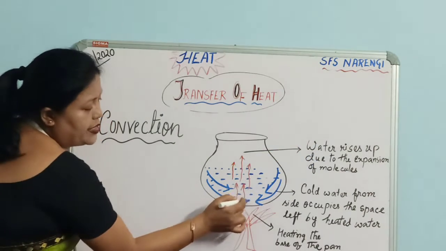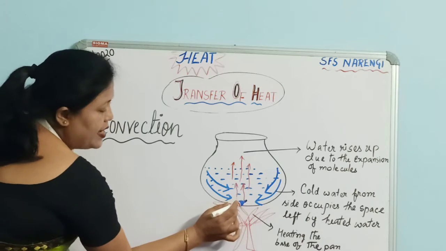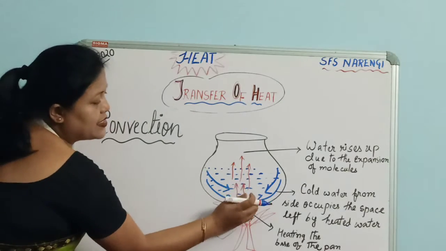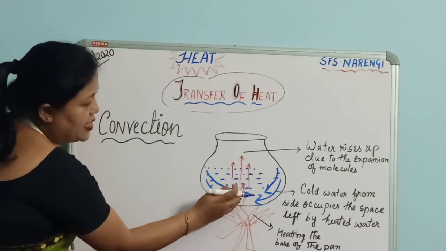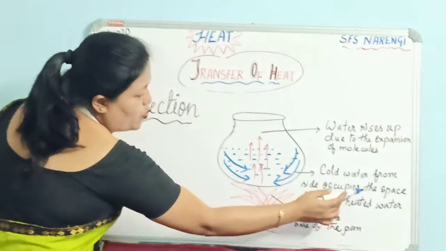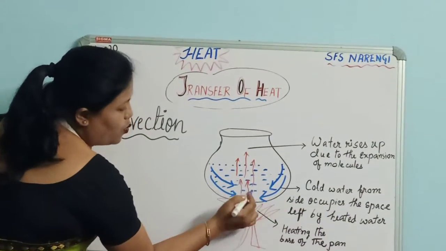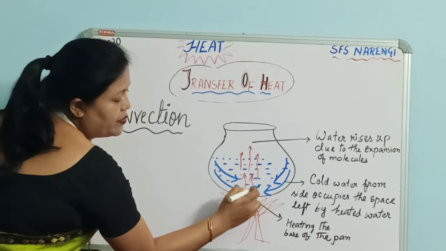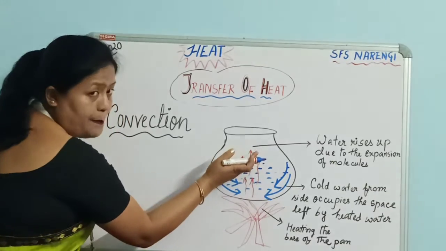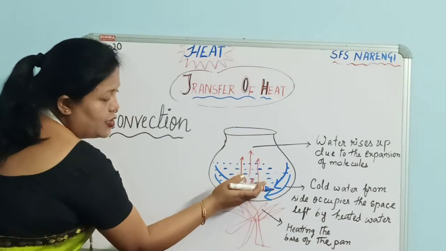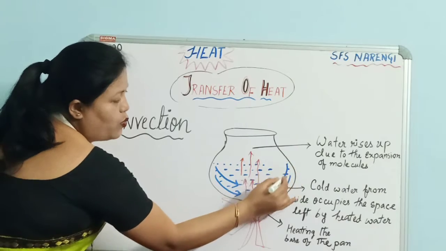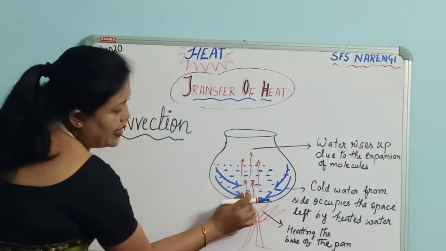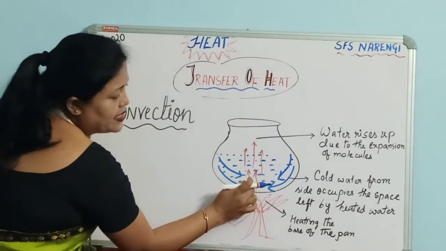The molecules nearer to this region acquire heat, expand, become lighter and rise up, and it creates a vacuum here. After that, the cold water from the side occupies the space left by the heated water.